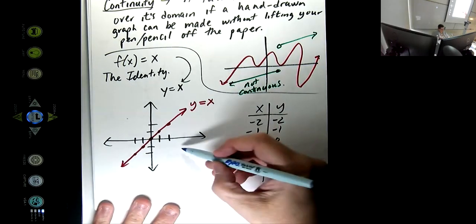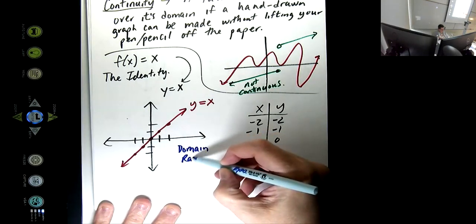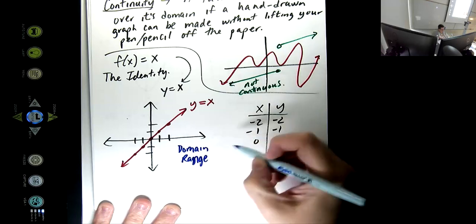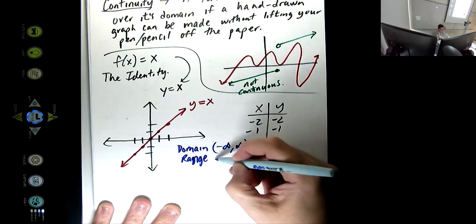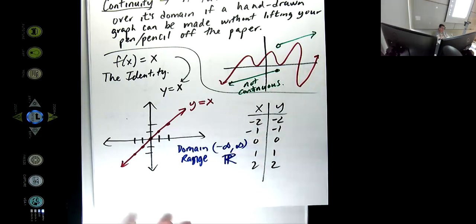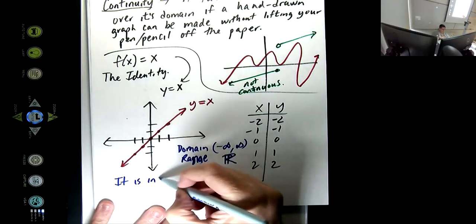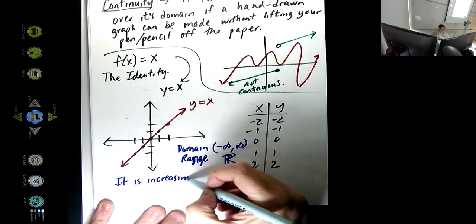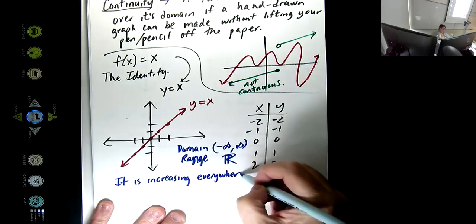It has a domain and range. Negative infinity to infinity, or you can say all real numbers. Same thing. It is increasing everywhere and continuous.